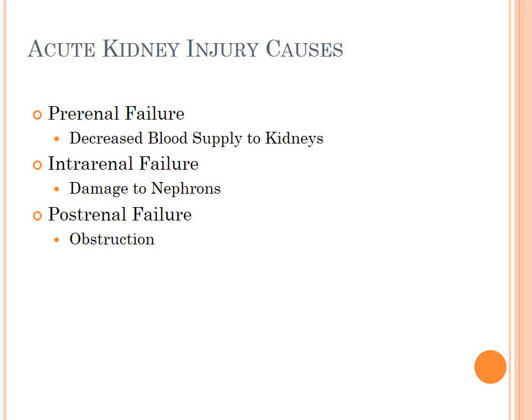It could be a result of decreased blood flow, ischemia, or from toxins, an infectious process, or something that causes damage to the kidney, allergic reactions, and severe muscle injury like rhabdomyolysis can cause damage to the nephron.